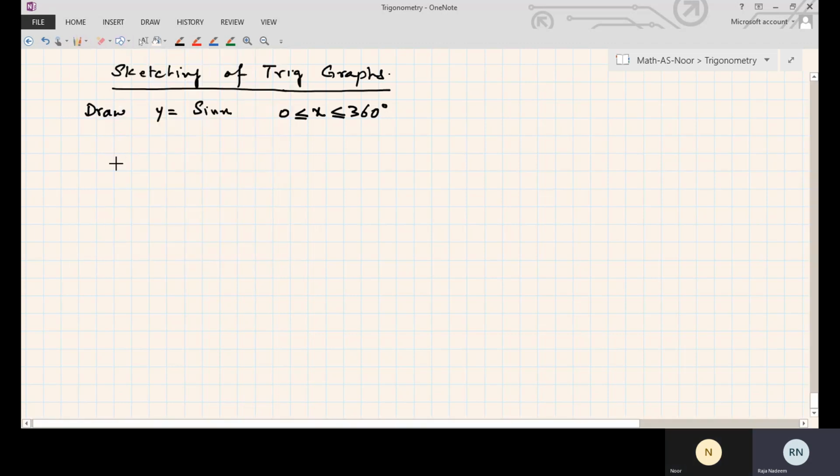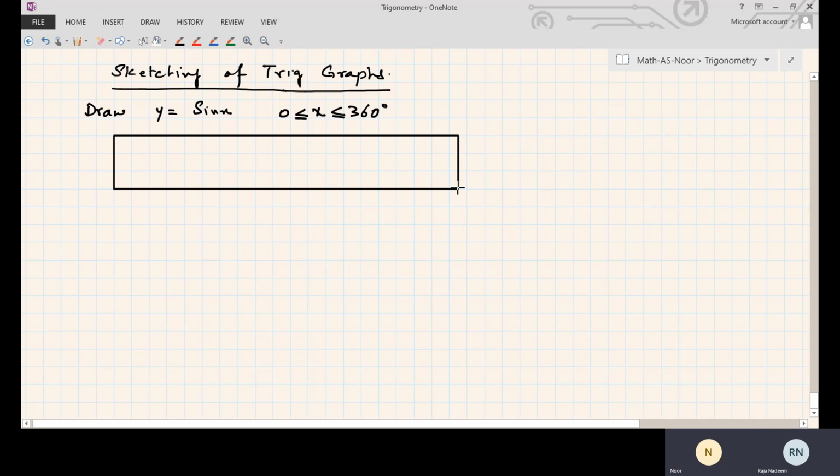For this, I'll consider a table, and in the table I'll take the value of x, that would be an angle.